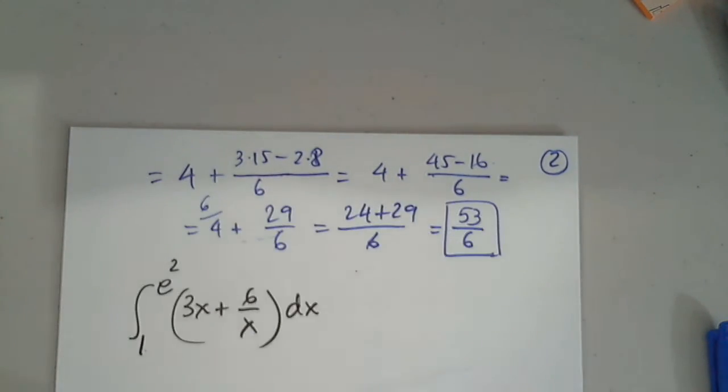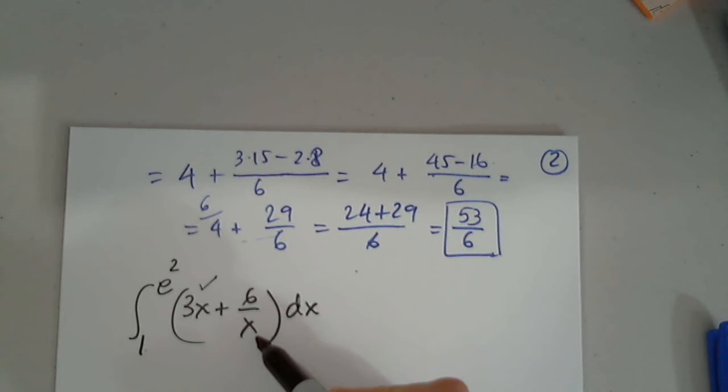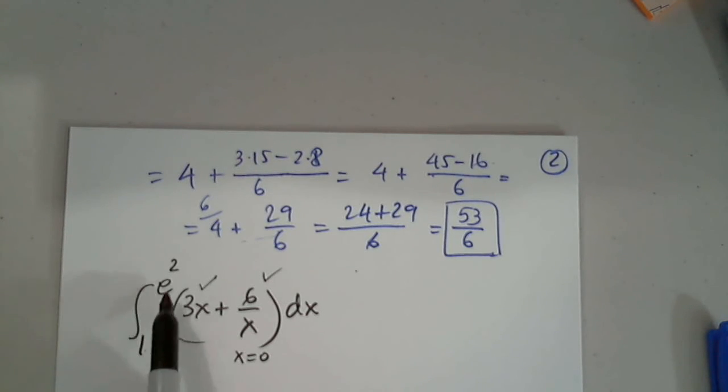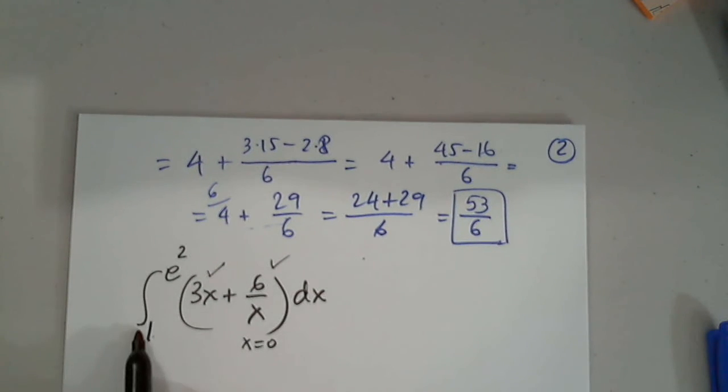So the function is continuous. The same thing here. This is always continuous, and this will not be continuous when x is 0. So everything is okay, it's safe. 0 is not between 1 and e squared. E squared is almost 9, it's 2.78 squared. So there is no discussion here. The function is continuous. I can apply the fundamental theorem of calculus.